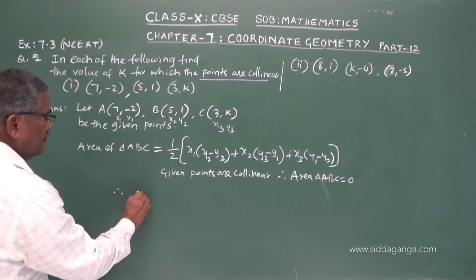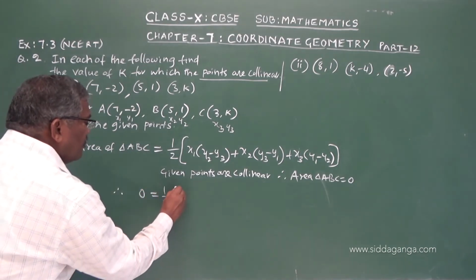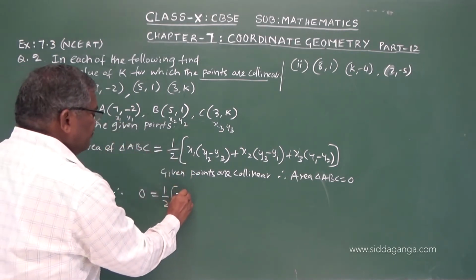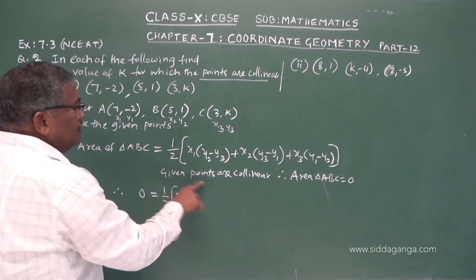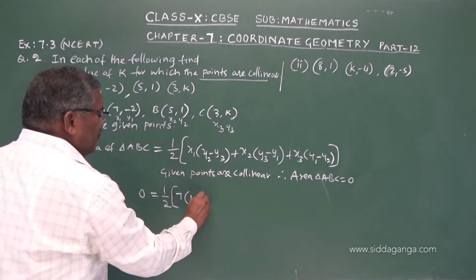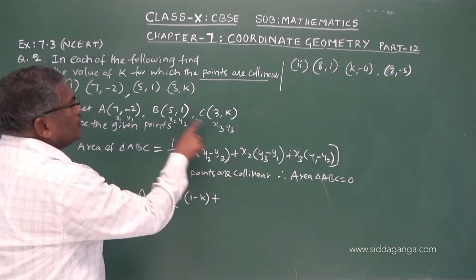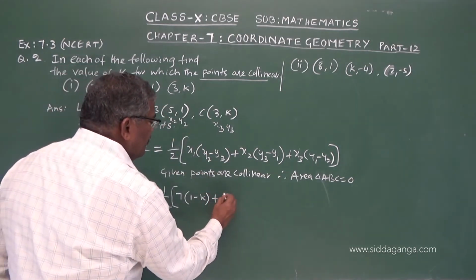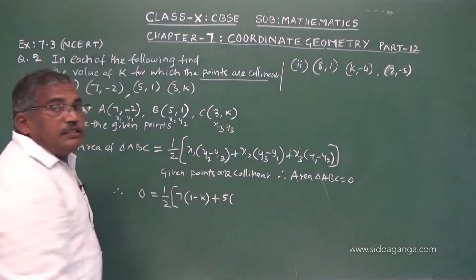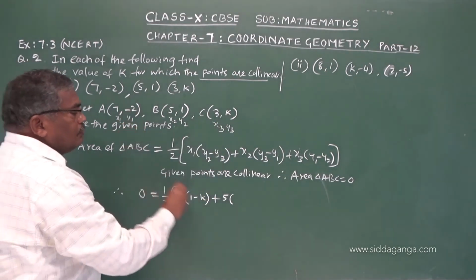This left hand side will be 0, equals 1 by 2 into the bracket: x1 is 7, so 7 into (y2 minus y3), that is (1 minus k), plus x2 into (y3 minus y1), x2 is 5, so 5 into, y3 is k, y1 is minus 2.